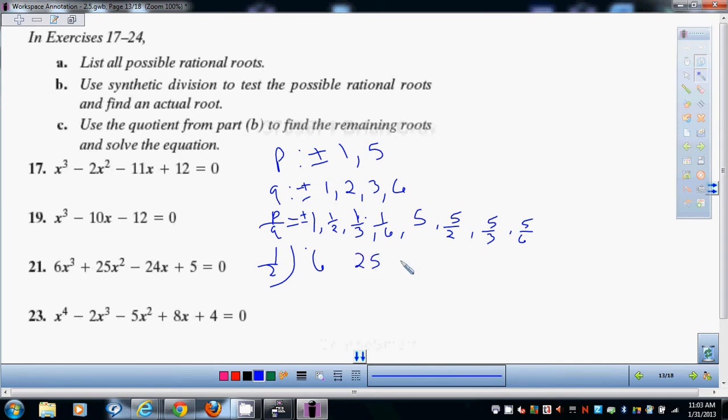It doesn't matter. You guys are going to get the same thing.